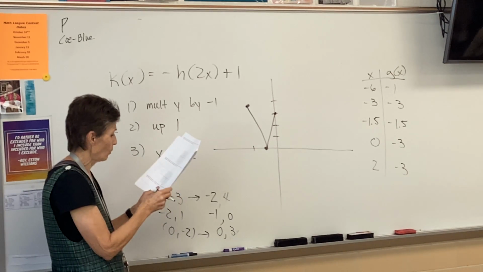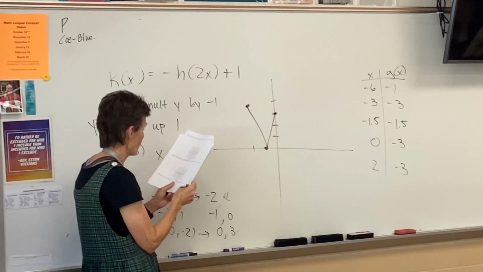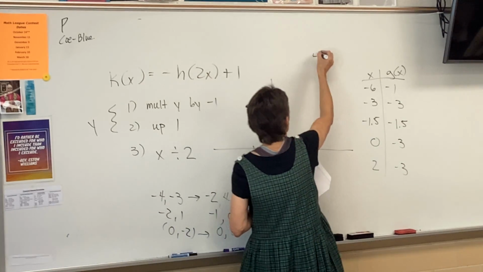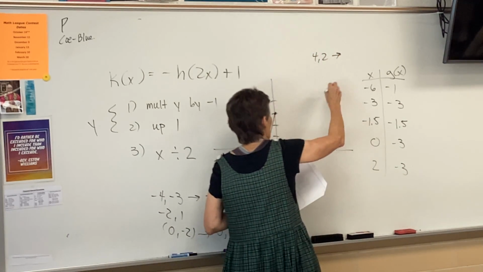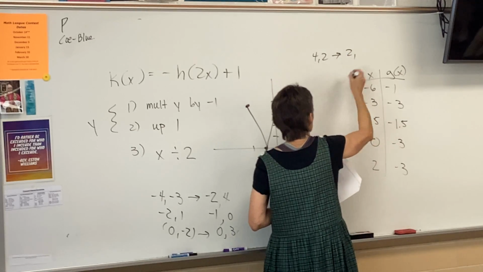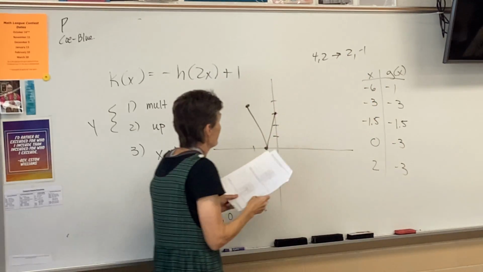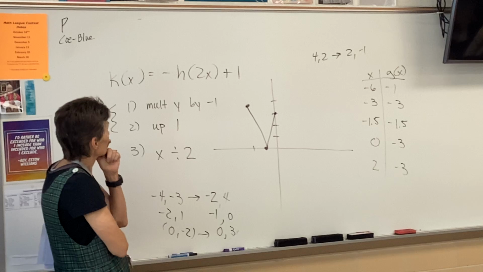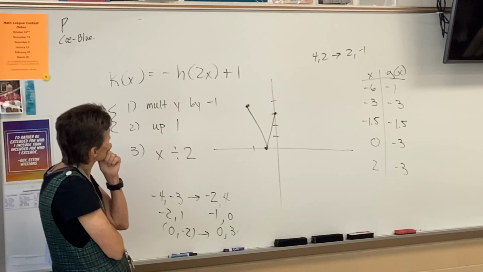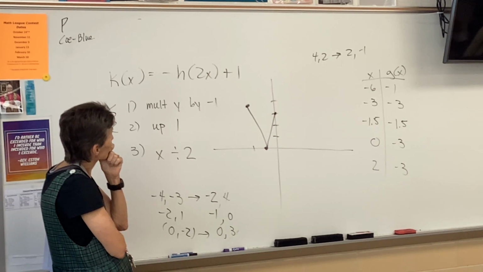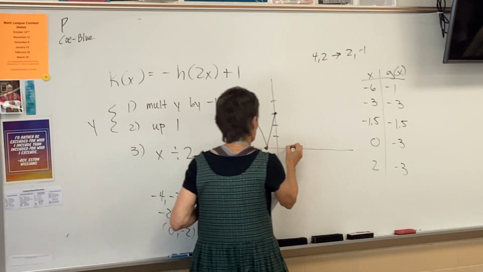All right, let's get our hole now. Our hole is at 4, 2. So that'll become 2, -1. Keep an eye on my arithmetic, is that right? So 2, -1.